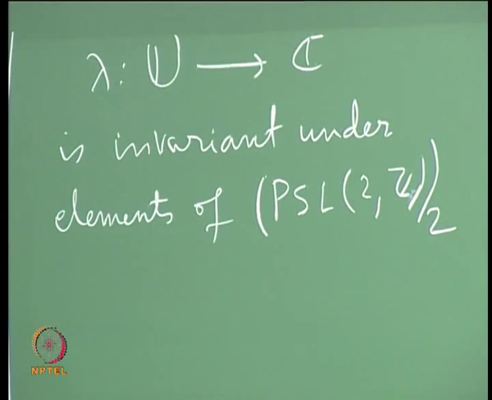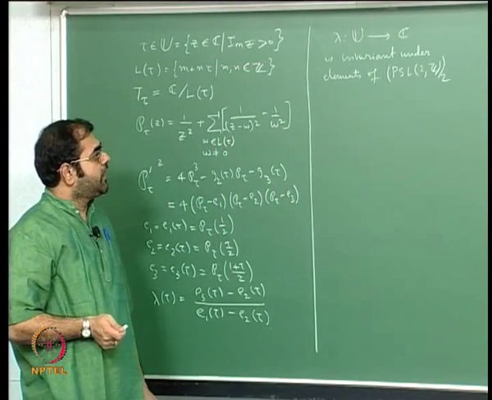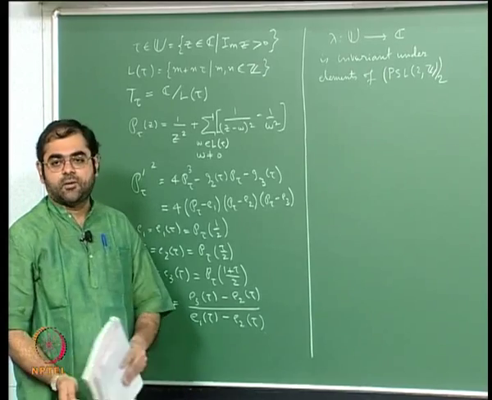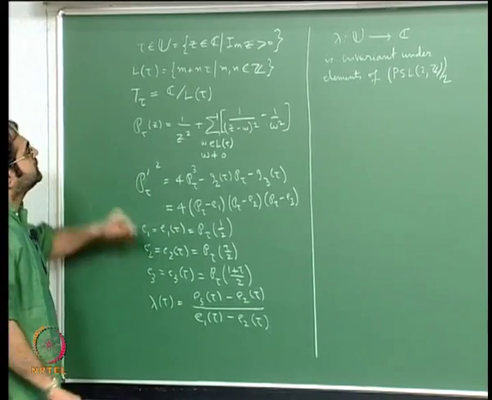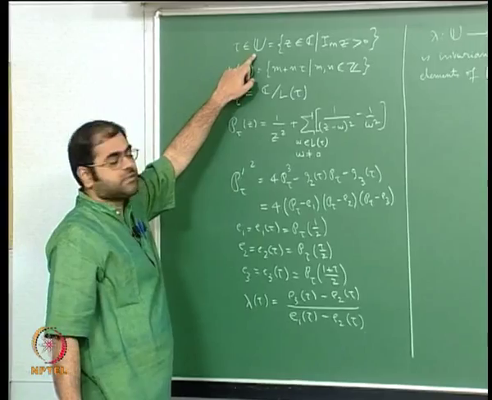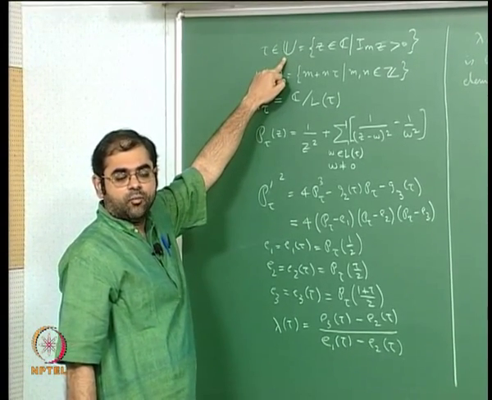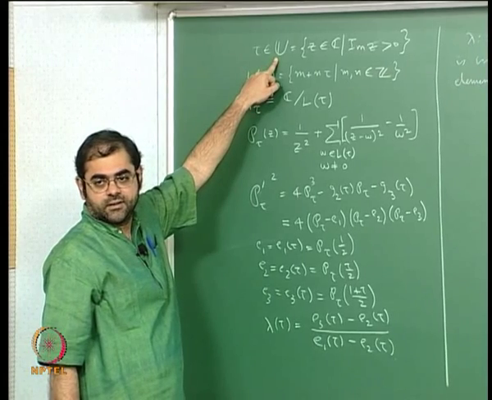So this is what we proved last time, and all this was towards the objective of trying to find a function on the upper half plane which is an invariant for the tori.